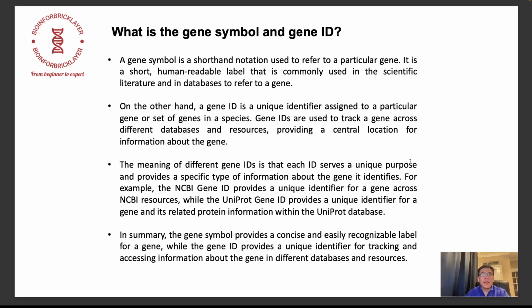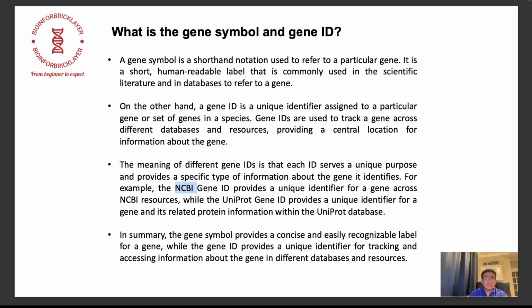On the other hand, a gene ID is a unique identifier assigned to a particular gene or a set of genes for a species, used to track a gene across different databases and resources, providing a central location for information. The meaning of these gene IDs serves a unique purpose and provides a specific type of information about the gene it identifies.